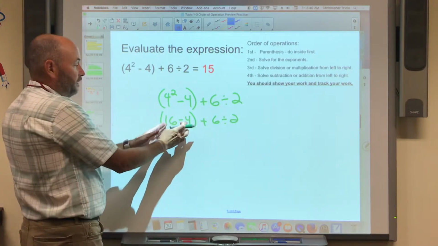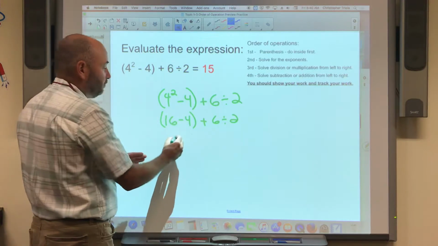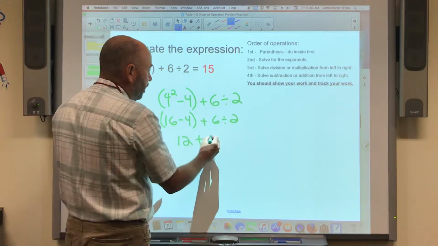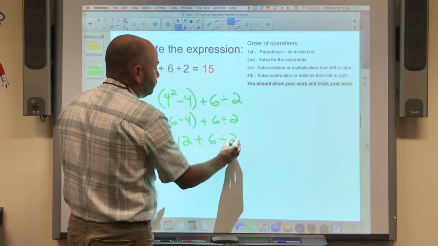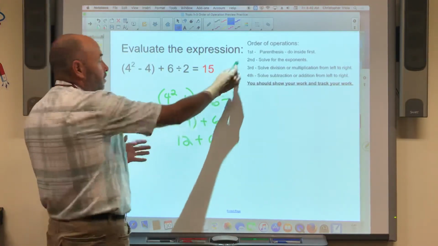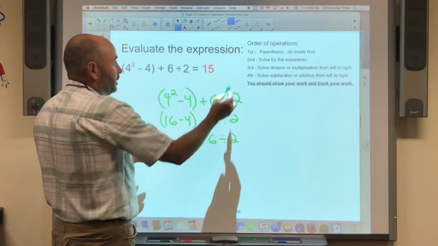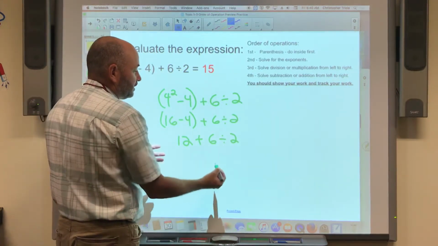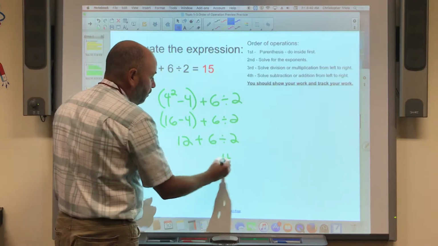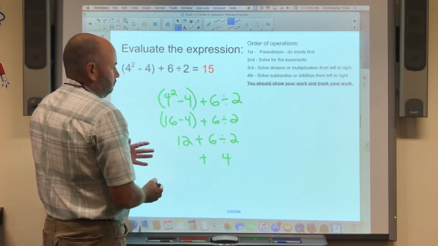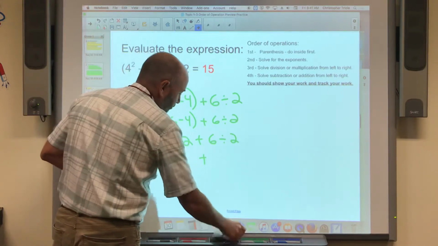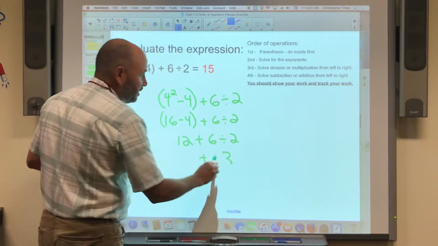We're still in parentheses, and 16 minus 4 will give us 12. So now we have 12 plus 6 divided by 2. All right, so there are no exponents outside, so we can go on to multiplying or division. We do have division. 6 divided by 2 is 4. So now, 6 divided by 2, made a simple mistake, is 3.